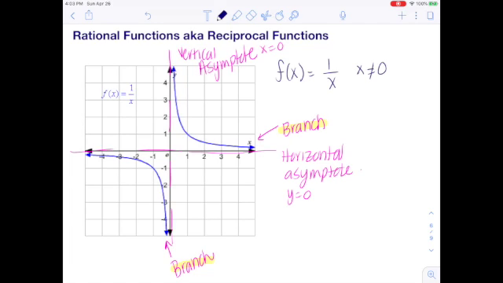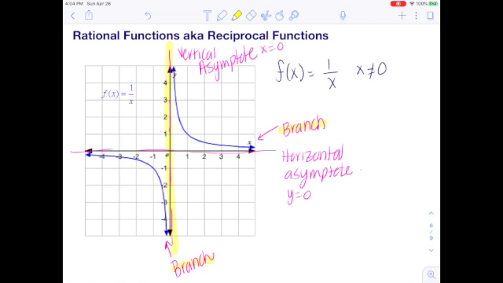because you have a fraction and you can't have a 0 in the denominator and expect that function to exist. So it's undefined when x is equal to 0, which in turn creates this vertical asymptote right here, where your graph is never going to touch that vertical asymptote, but it gets really close to it.